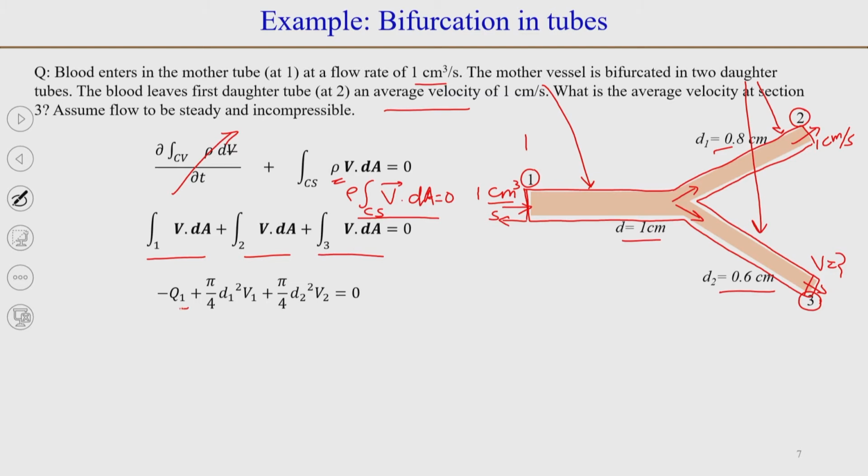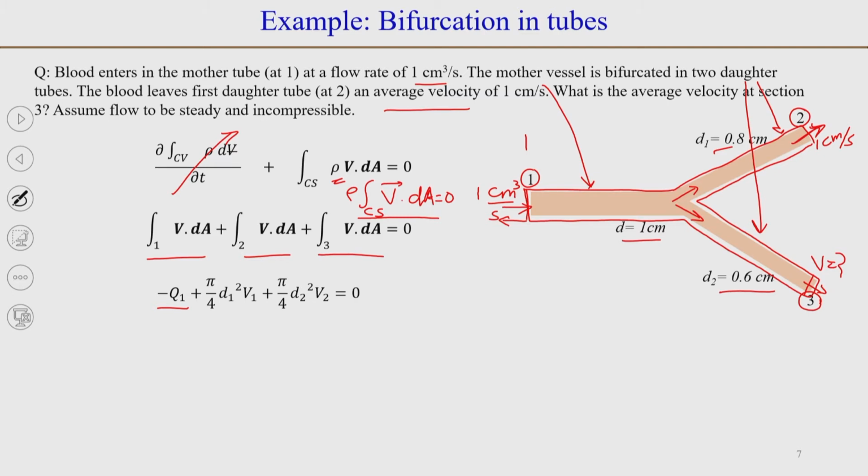So, you will get V dot dA with a minus sign. So, you will have minus, and V dot dA is basically the volumetric flow rate at section 1, the value we know. So, Q1 is equal to 1 centimeter cube per second. We write this in terms of letters. So, Q1. Now, at section 2 the flow is going out. So, the velocity is outward, the area normal will also be pointing outward at this surface.